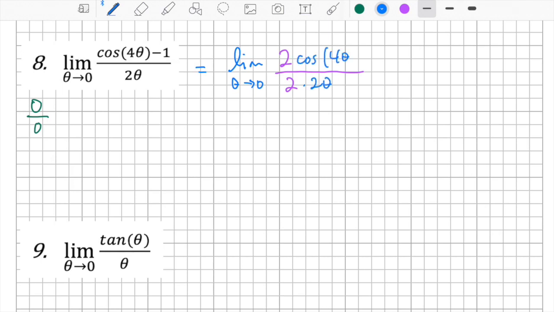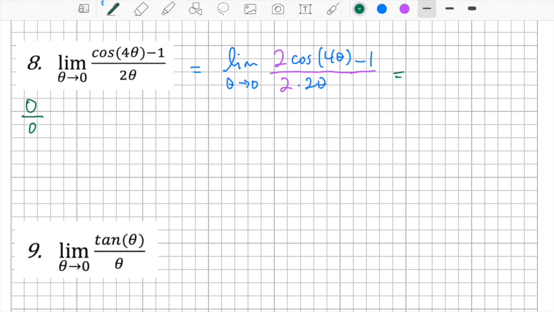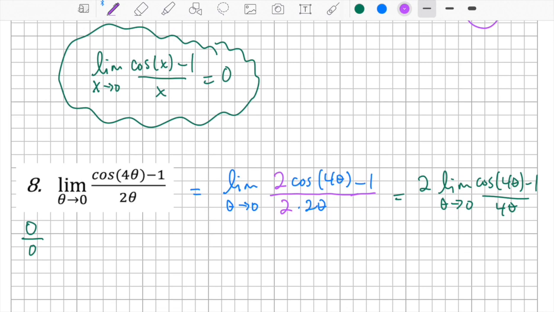So now we have cosine 4 theta minus 1. I'll do what we've been doing, where I get this constant and move it to the front. So it'll be 2 times the limit as theta approaches 0 of cosine of 4 theta minus 1 over 4 theta.